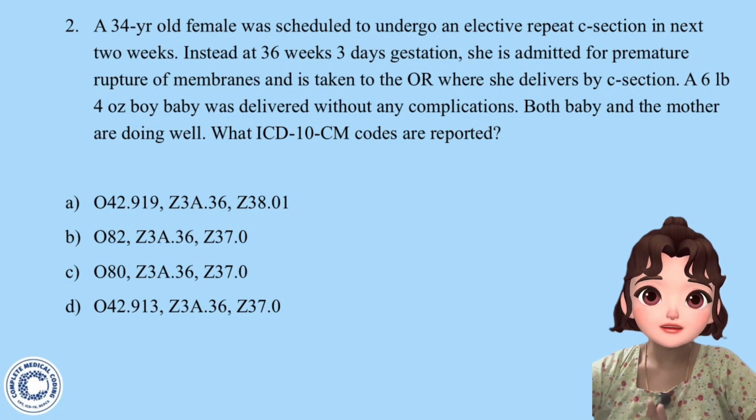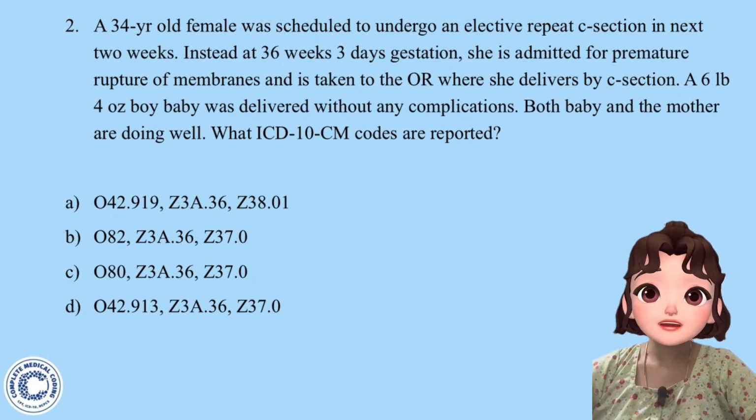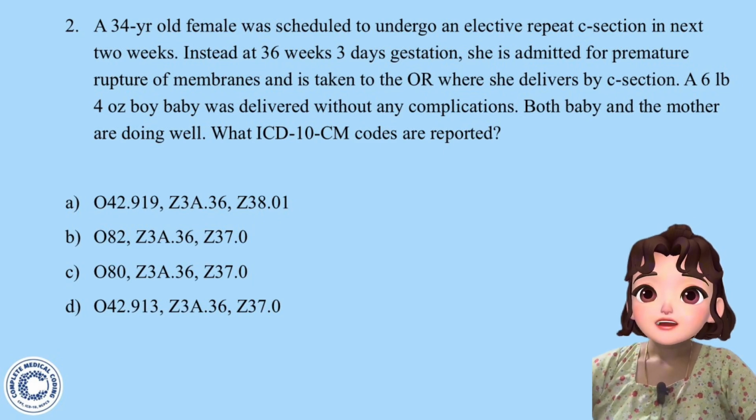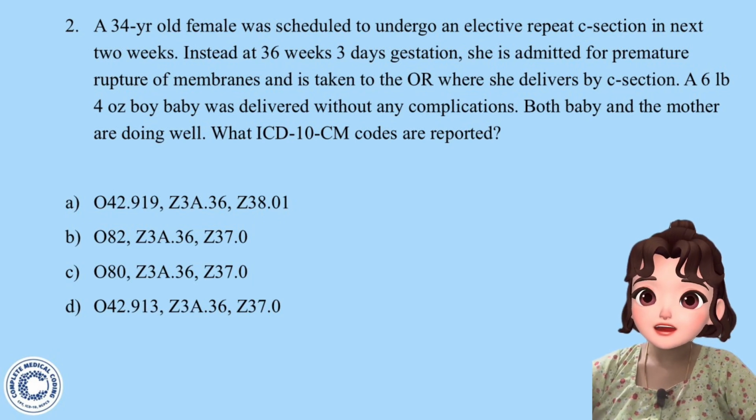So we already got the correct option as option D. Still, let's look into the other ICD codes here in option D. Z3A.36, which represents 36 weeks. Even if it is 36 weeks and 3 days, you cannot code it as 37. You need to code it as 36 only.